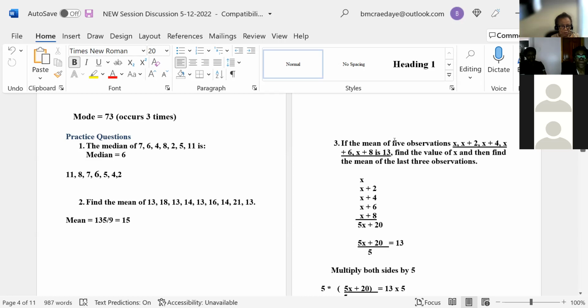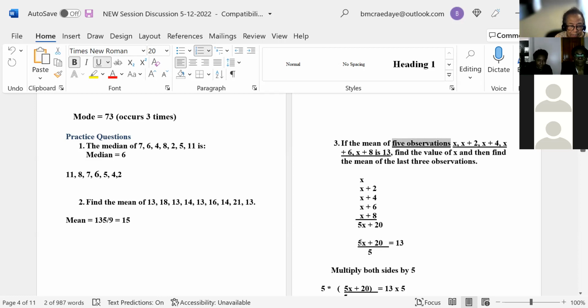Observations, it told you 5 observations right here, right? Okay, 5 observations. So that means my total is divided by 5. And the mean was given as 13. So now I take this equation and solve for my x.